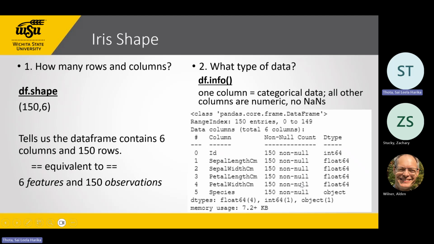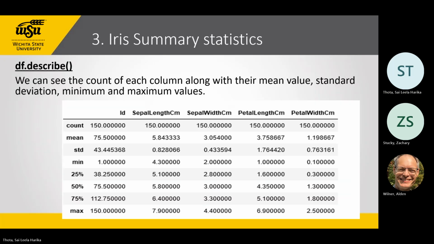So if you observe, there are no null values in this data. In order to observe your data, you just need to apply the info method on your data frame. So this is about the shape and the info and describe.